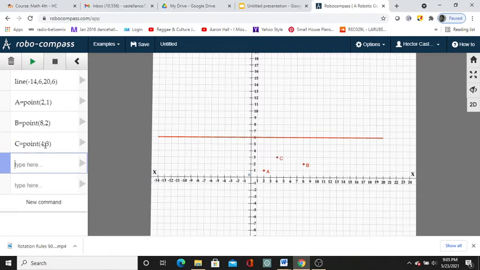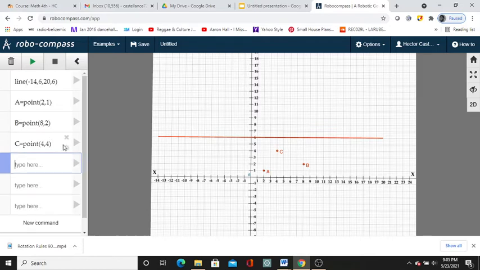So I'm going to draw now. Let me push this C a little bit more up so I can get it a bit farther. Okay, so I'm going to join the 3 points so they form a triangle.